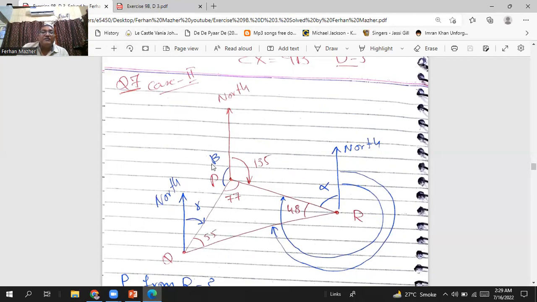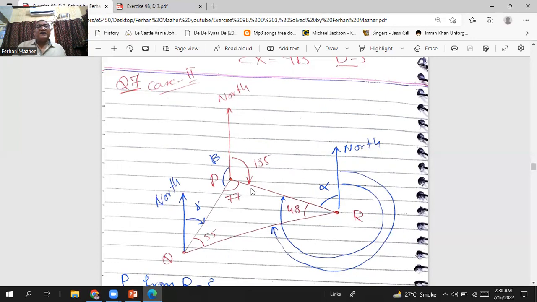The R from the P is on the 135 bearing. Then from the R, the PRQ angle is 48. The angle at the RQP is 55. So this third internal angle is 180 minus 48 minus 55, that's 77.